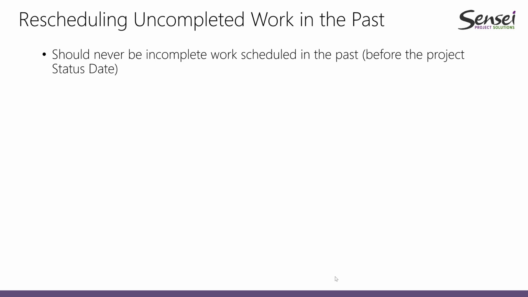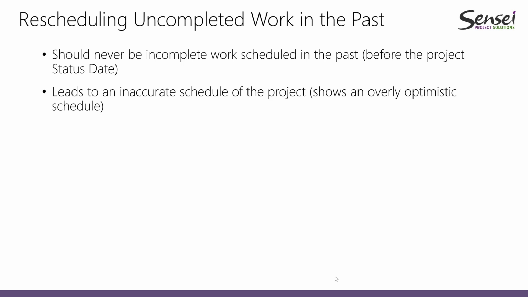As a best practice, we should never have incomplete work in the past in our schedules, because this leads to an inaccurate schedule of the project. We would be demonstrating an optimistic view of the schedule, but we still have tasks that are in the past.